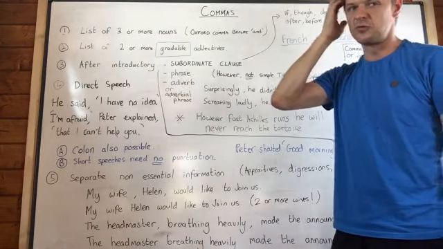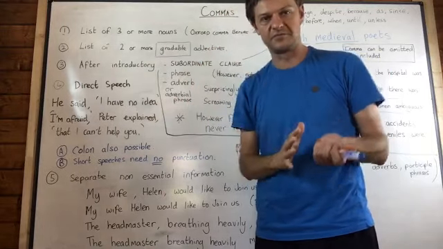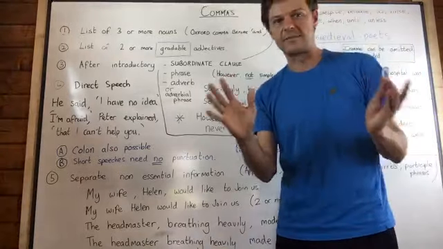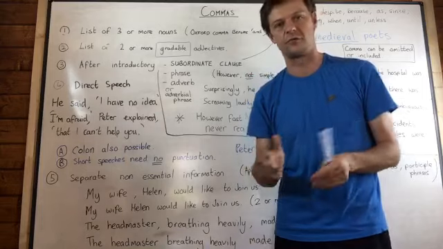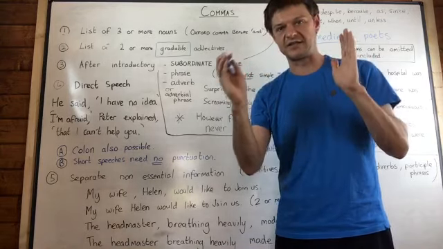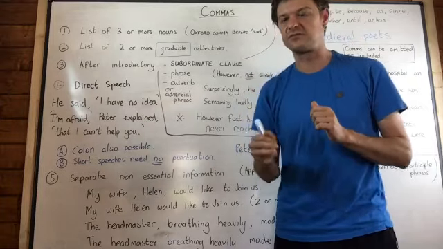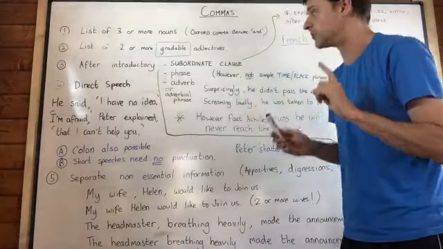Now, if you're unsure what a subordinate clause is, please go to my lesson on independent and subordinate clauses. But I can quickly sum it up: a subordinate clause is not a complete thought. It's not a complete sentence. You cannot have a sentence with just a subordinate clause. Every English sentence must have at least one independent clause.